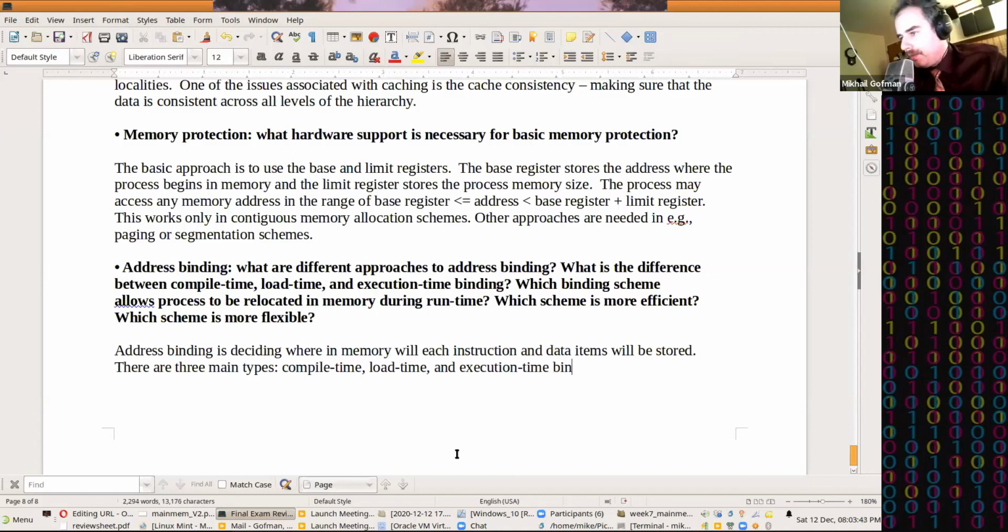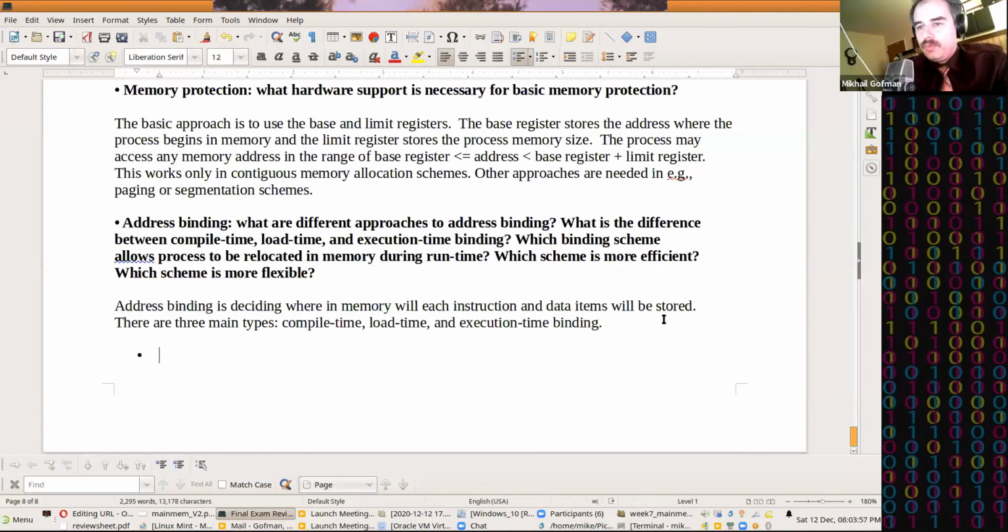Now let's talk about each one of those. First, I'll talk about what they are, and then we'll go back and rank them according to efficiency and flexibility. So first, let's talk about compile time binding.